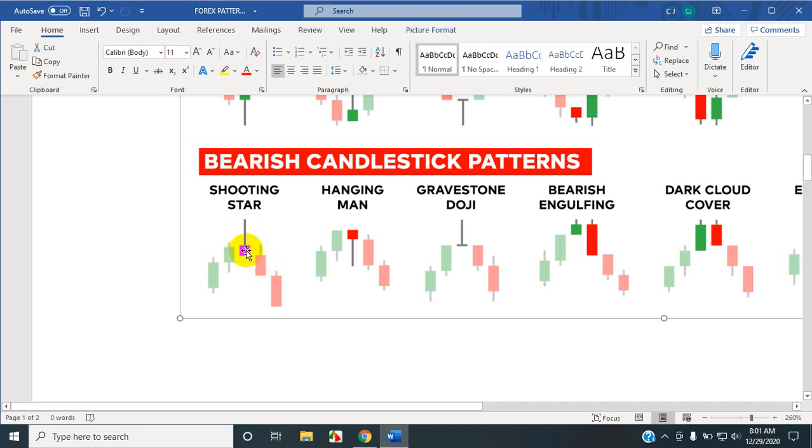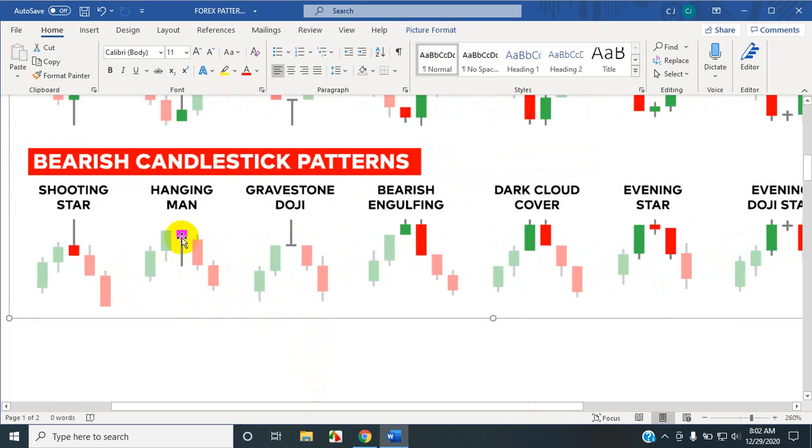Once you start seeing it drop, the second candle comes up and overlaps the first green candle, and then the third candle closes out here, which confirms that it overlapped all three candles: the previous green candle, the second green one, and the red one. So it's a chance that the market's going to go down.